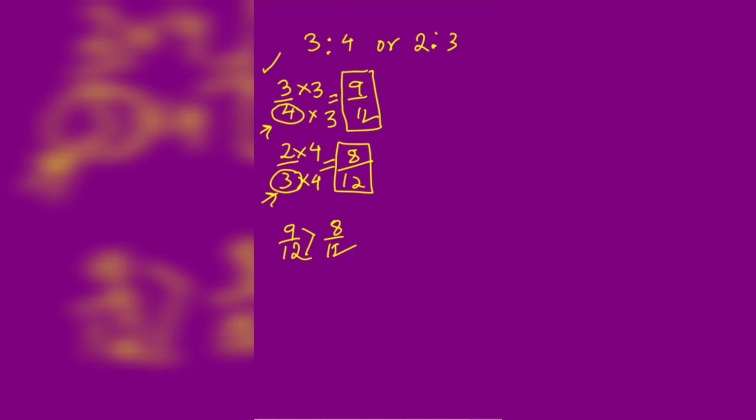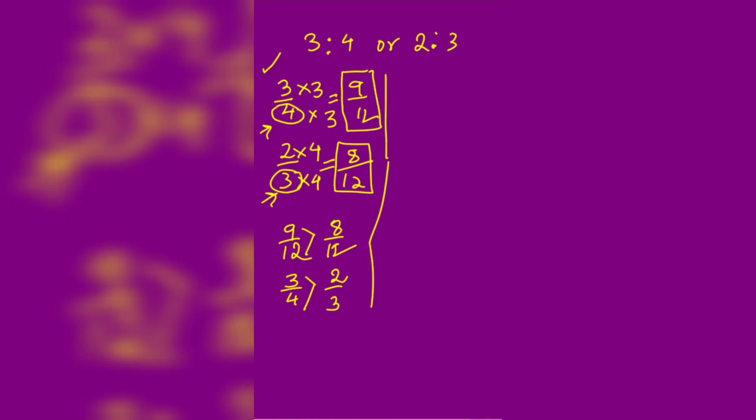So what is the original ratio given? 9 by 12 was not given, it was given 3 by 4, so we write 3 by 4 is greater than, instead of 8 by 12, the original one, 2 by 3. So we can do it in this way. Got it?